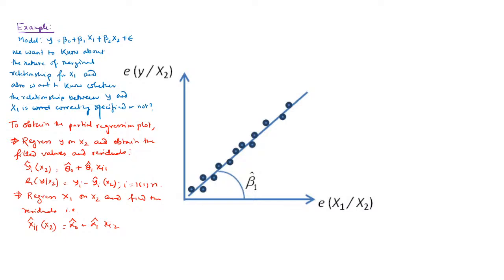For the time being, it is enough for us that from the partial plot we can easily see whether this explanatory variable is linearly related or not.